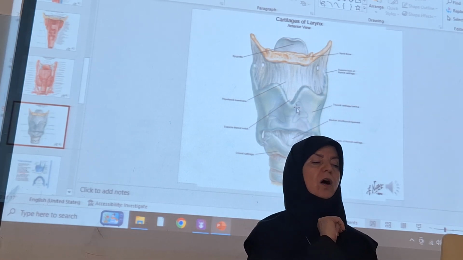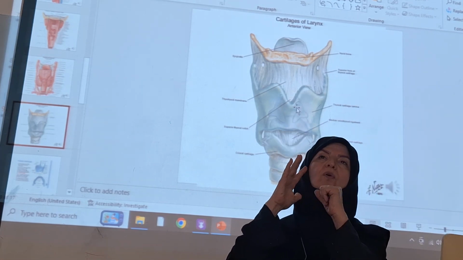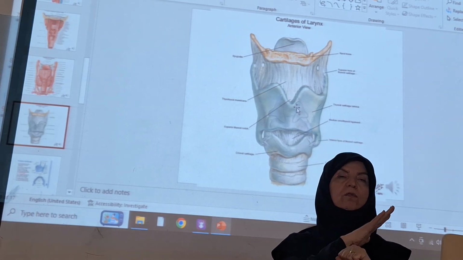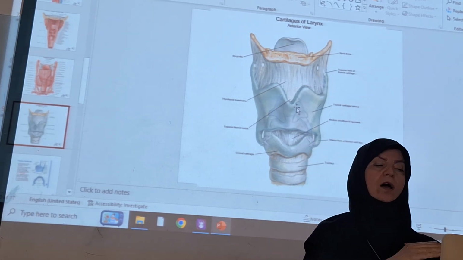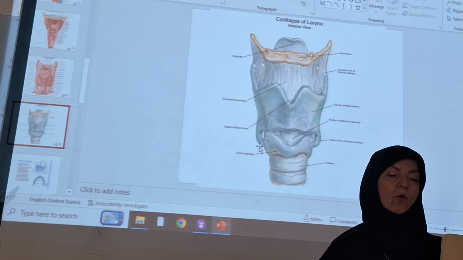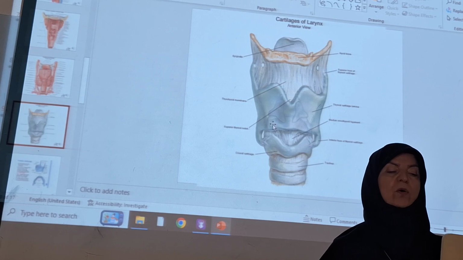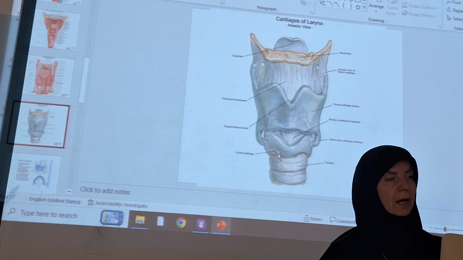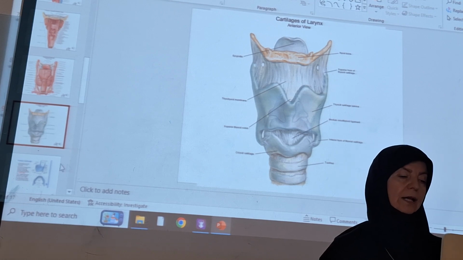This thyroid cartilage can go forward and downward over this joint. What's the name of this joint between the inferior horn of the thyroid cartilage and the cricoid cartilage?